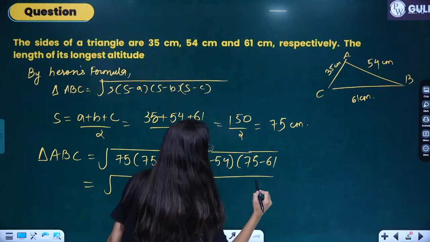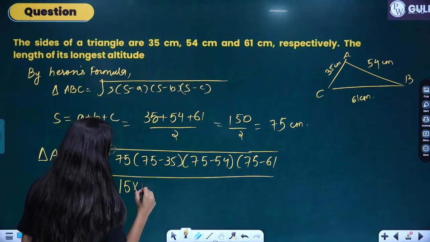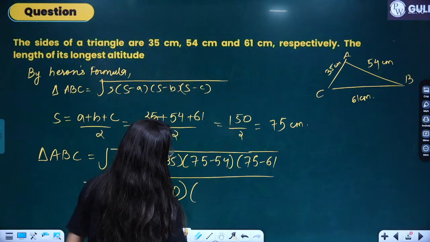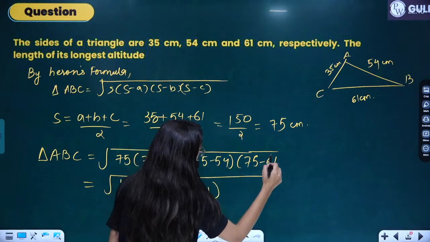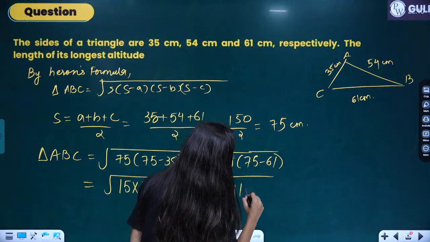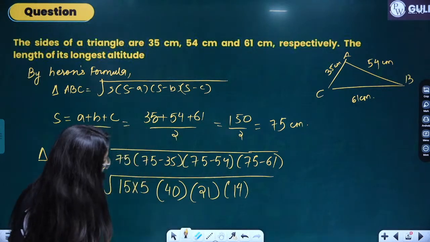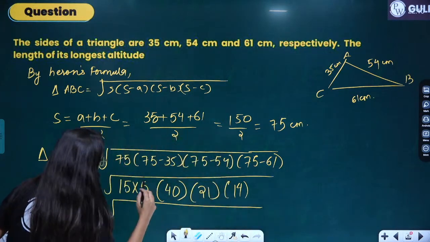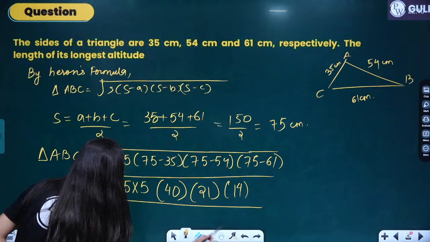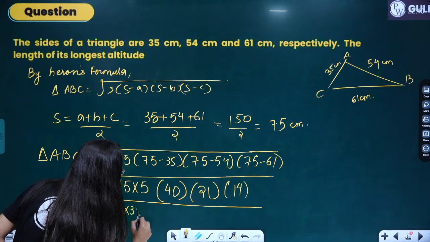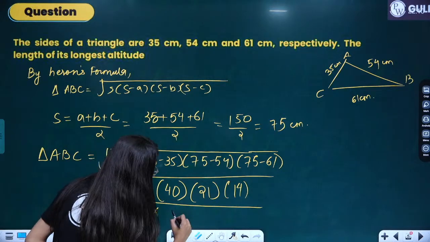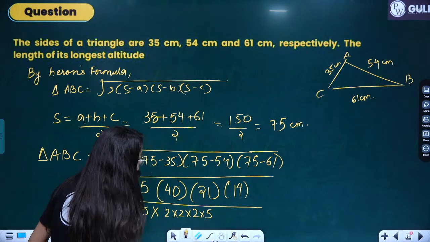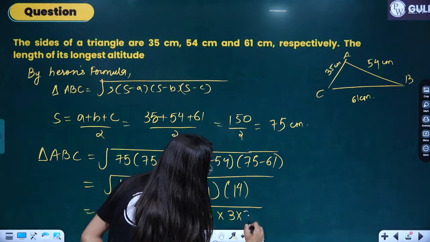Writing this, then the area equals to. Now we just have to prime factorize these also. 21 is just 3 by 7.